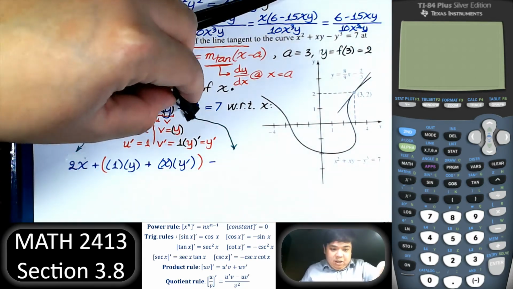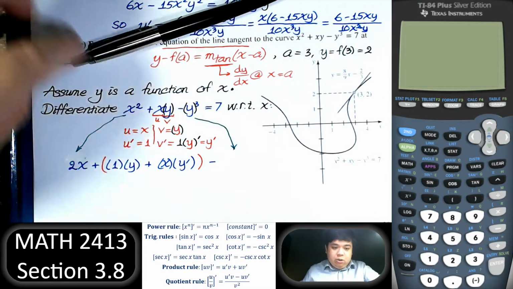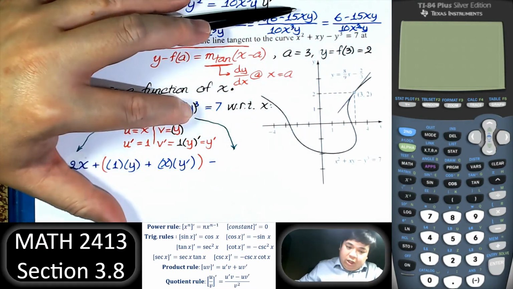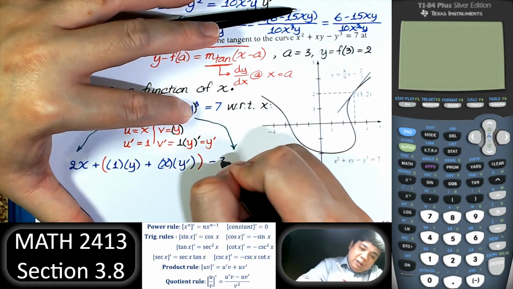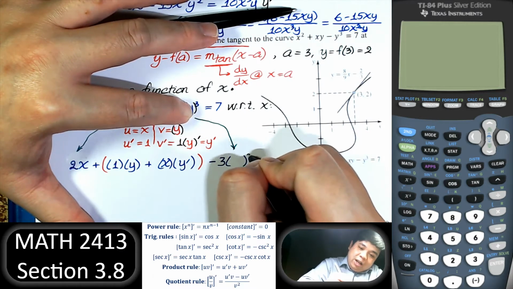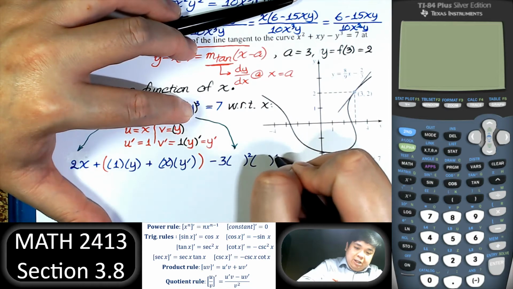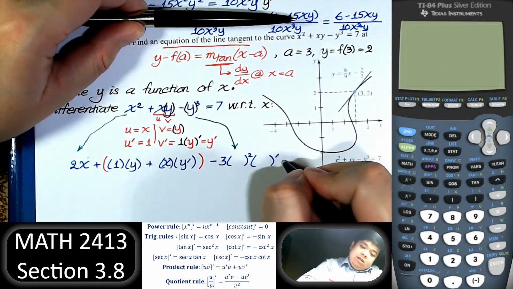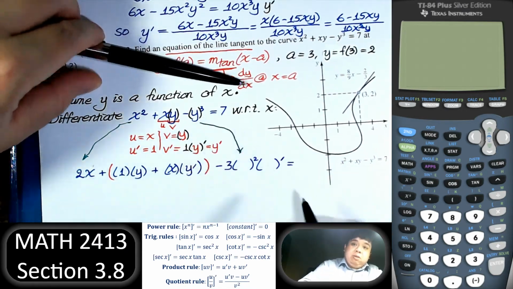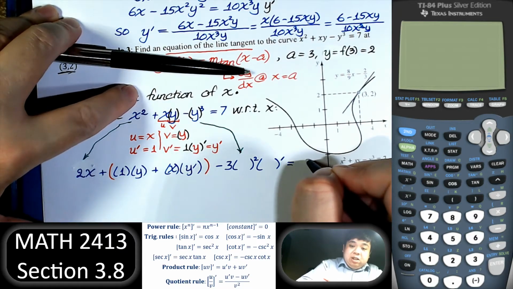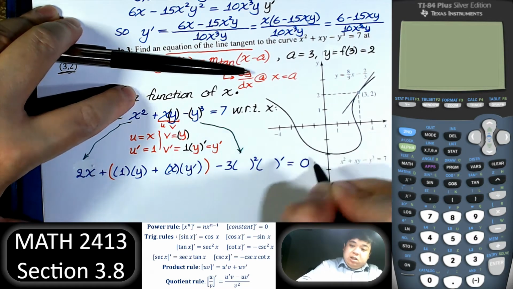Again, there is the parentheses, so we have 3 times the parentheses, the derivative of something cubed, and then the derivative of that. And the right hand side, 7 is a constant, and the derivative of a constant is 0.